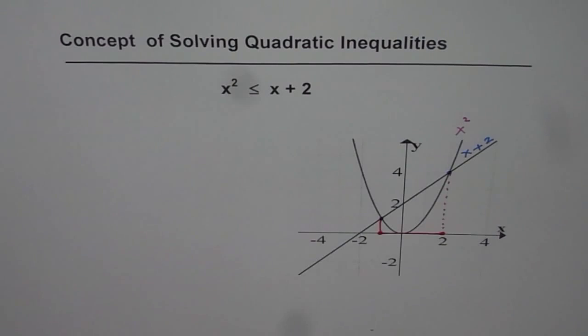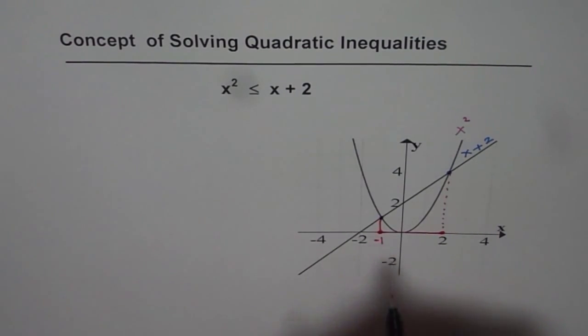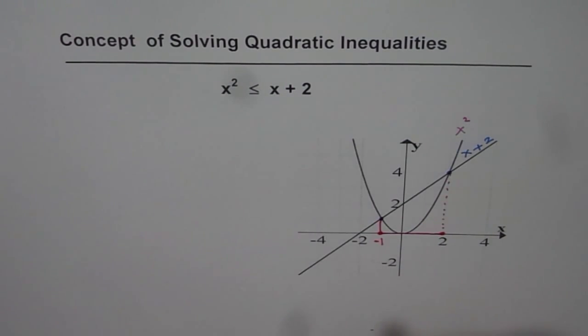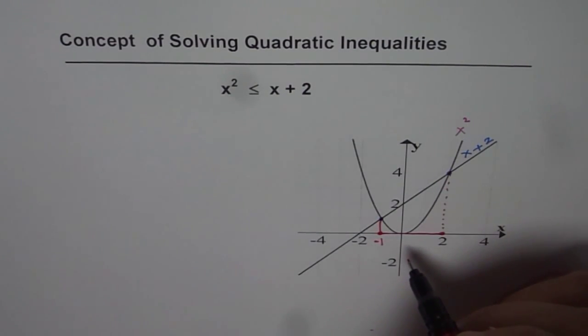So all the values between minus 1 and 2 form the solution set. Basically, whenever you have a quadratic inequality, you can treat it as a combination of a parabola and a linear function. And if you draw them on a graph, then we can easily figure out the solution.